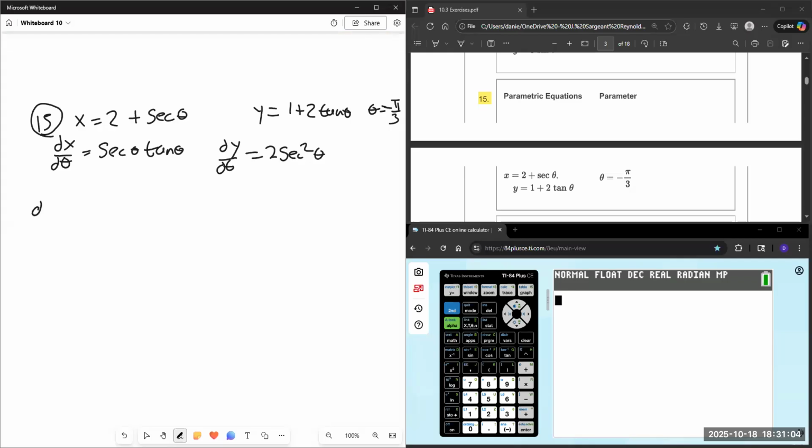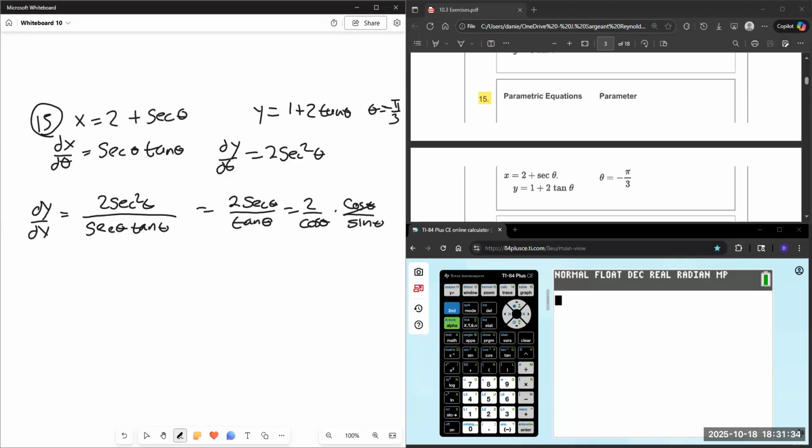So dy/dx is secant theta tangent theta on the bottom, 2 secant squared theta on the top. One of the secants will cancel and give me 2 secant theta over tangent theta, which is 2 over cosine theta times cosine theta over sine theta.